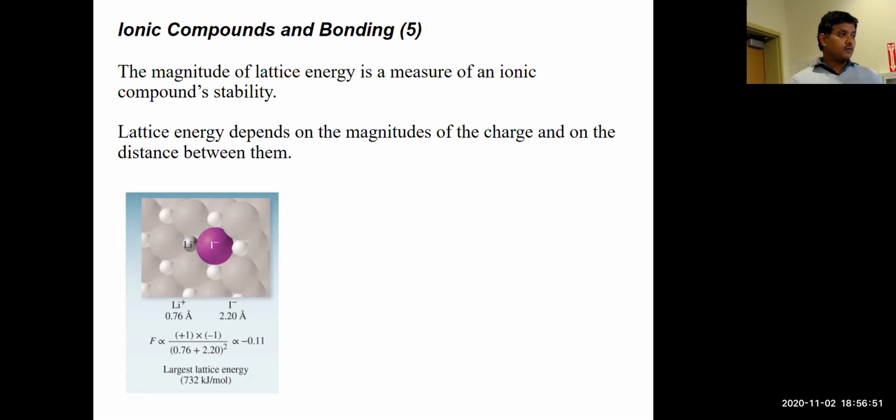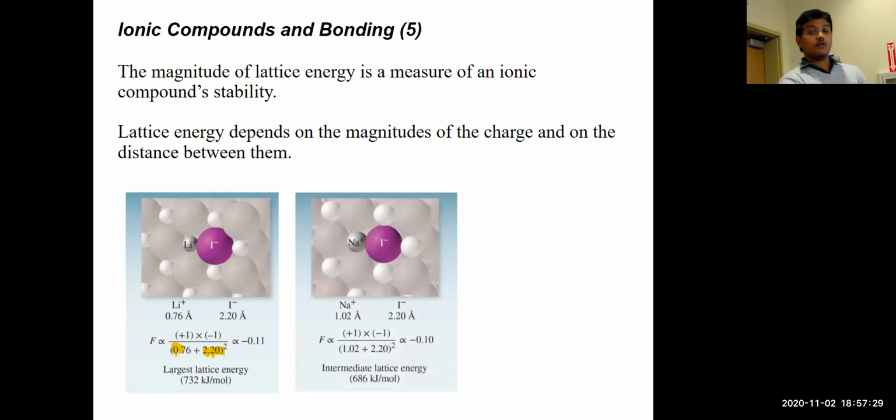If you calculate the electrostatic attraction between them, it is the +1 and -1 over the atomic radius of lithium, which is 0.76, and the atomic radius of iodine, which is 2.20. When you calculate that, you end up with the electrostatic attraction force between lithium and iodine as 0.11.